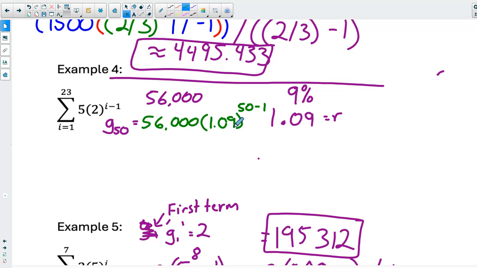Alright, you calculate. Give me a number. We're going to see if we break the calculator here. It's going to be big enough. What do I have here?